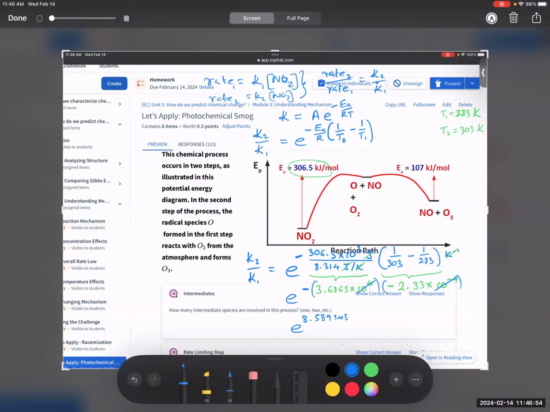Anyway, now we need to determine the value of e to the power of 8.589545, which is 5,375.16. This should be your answer. So K2 over K1 must be that.